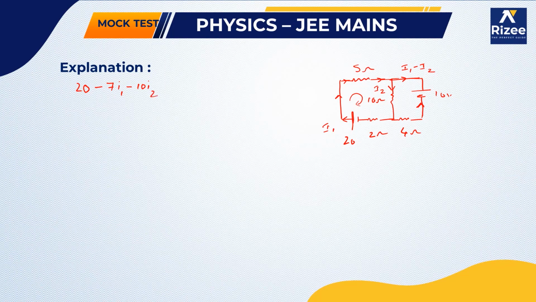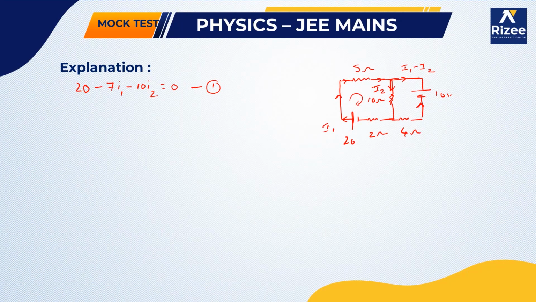So minus 7 I1 minus 10 I2 should be equal to 0. This is the first equation from the first loop.